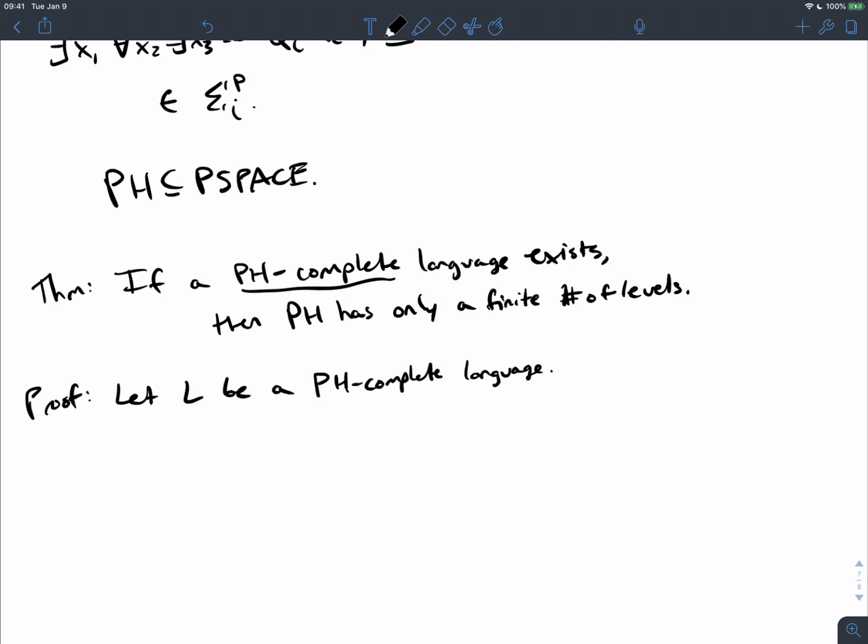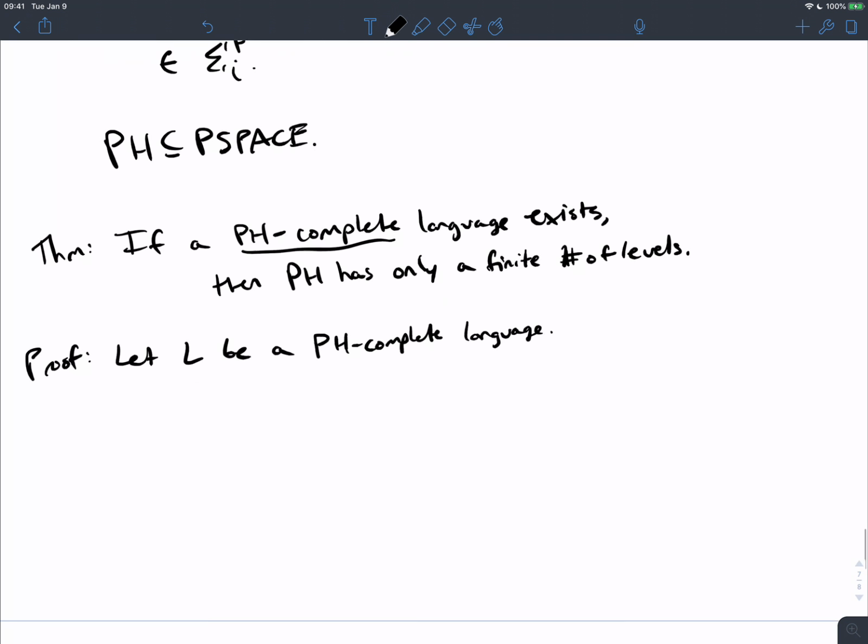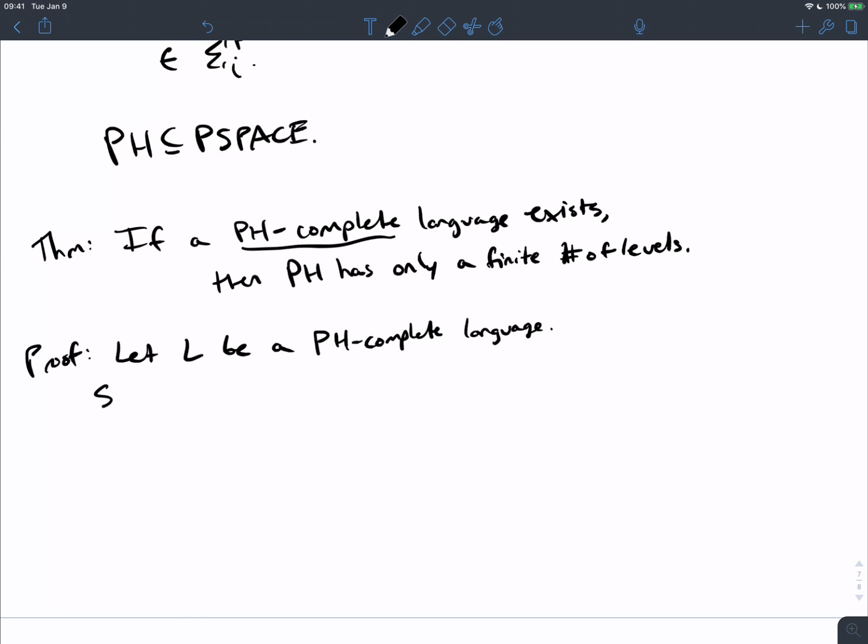Then it must live somewhere in that hierarchy. I don't know where it lives, but it lives somewhere in that hierarchy, right? Well, let's say L is in Sigma_j^p, the jth layer, whatever that is, some finite layer it must belong to.